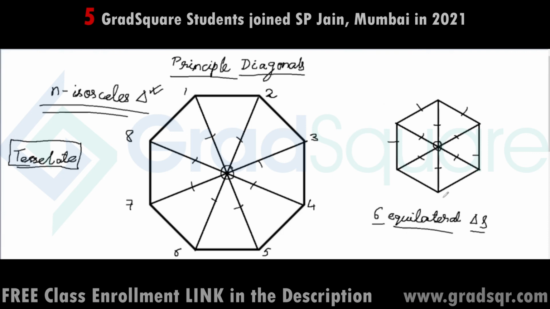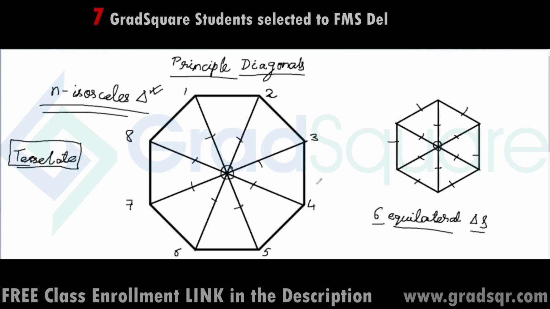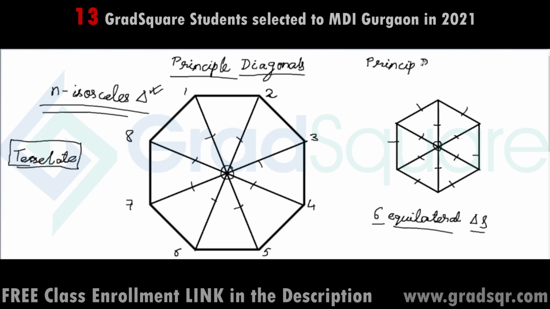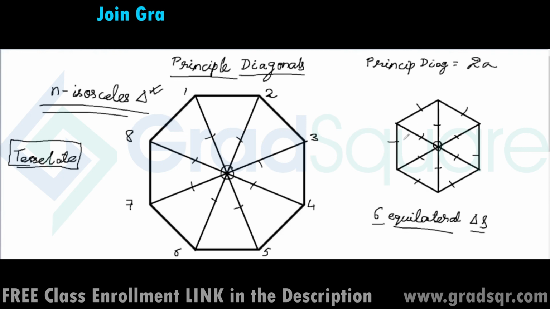So the sides are going to be equal to half of the principal diagonals, which means that for a regular hexagon, the length of the principal diagonal will always be equal to twice the length of the side.